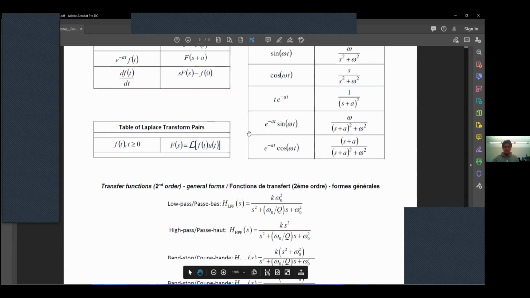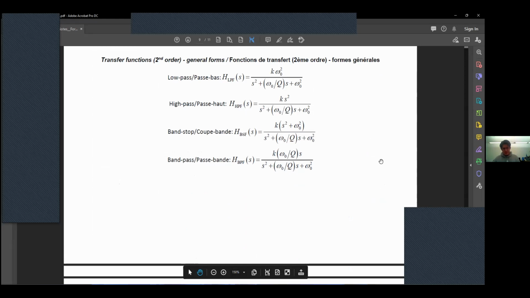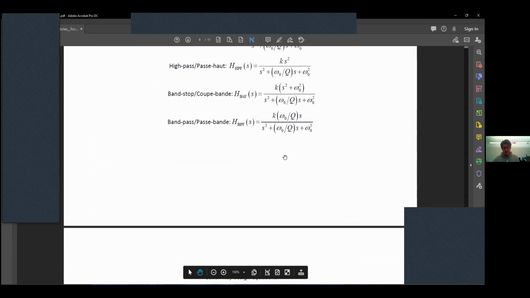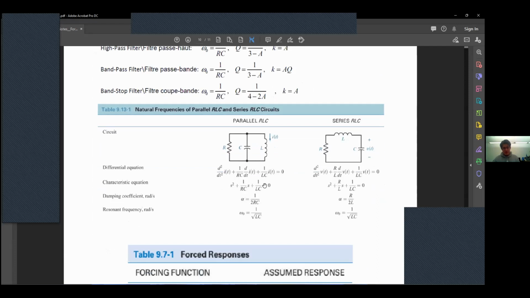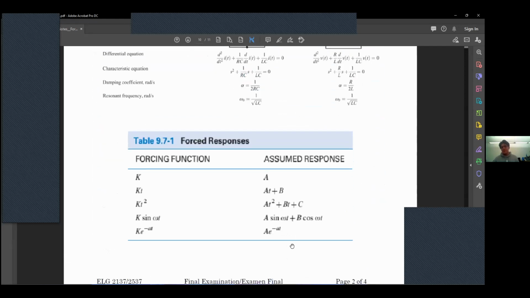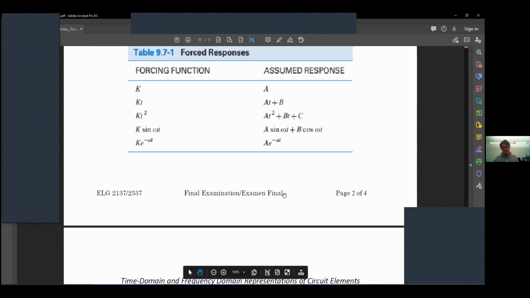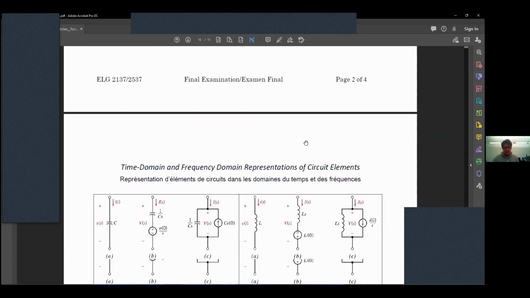You're given the transform functions for some filters. Also the silent keys as well. You're actually given what the characteristic equations and the differential equations are for parallel and series RLC circuits, which is quite nice. And you are given the table of forced and assumed responses. Or again, when I took it, that's what was given.